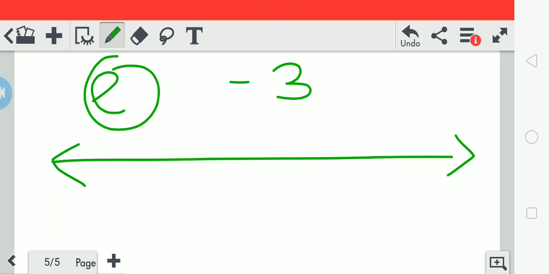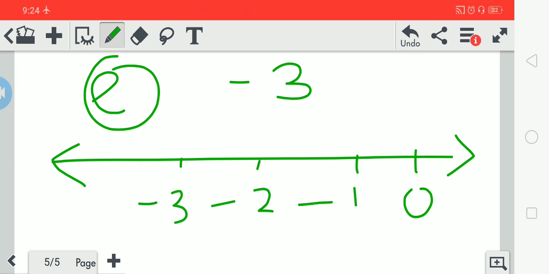In this case you have to draw the negative number line, which will start from 0, minus 1, minus 2, minus 3, minus 4, right. Here you will get the minus 3, right. You can circle it and you have to give a name to that point.